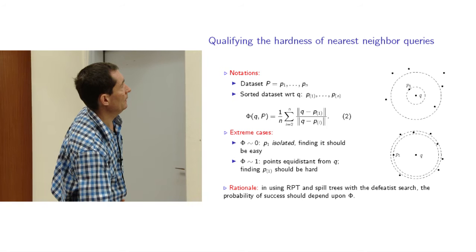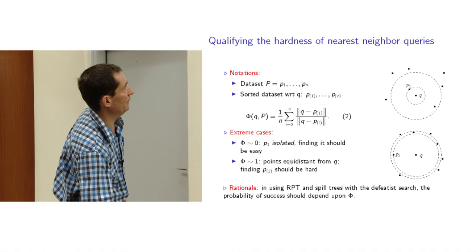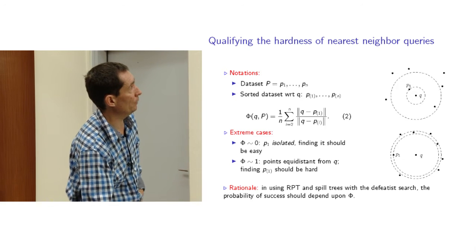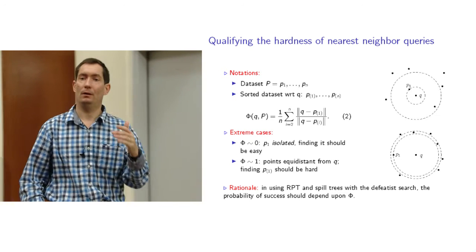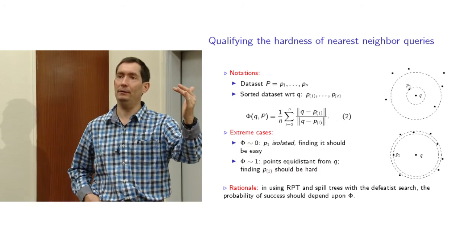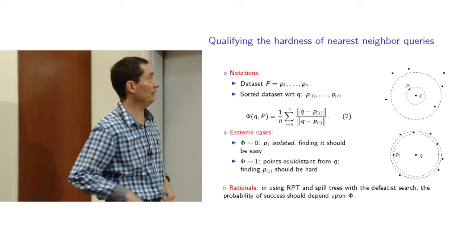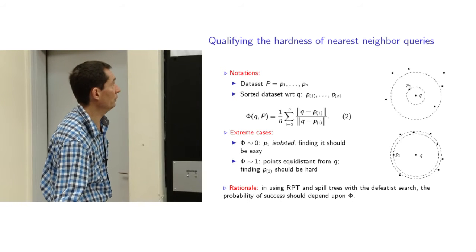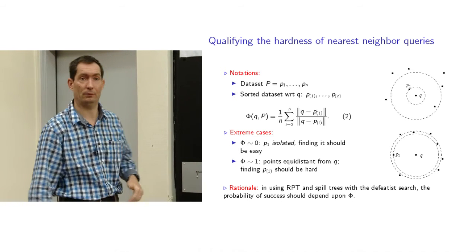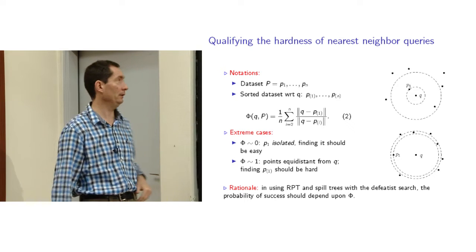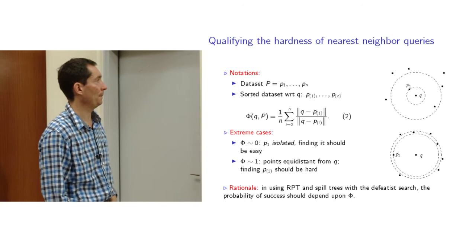It means that for all the points, this ratio is almost equal to 1. In other words, all the points are essentially at the same distance as P1, the exact nearest neighbor. And so when phi is equal to 1, the problem is ill-posed, right? Here I should be able to live with P2, P3, P4 because the distances are equivalent. Okay.